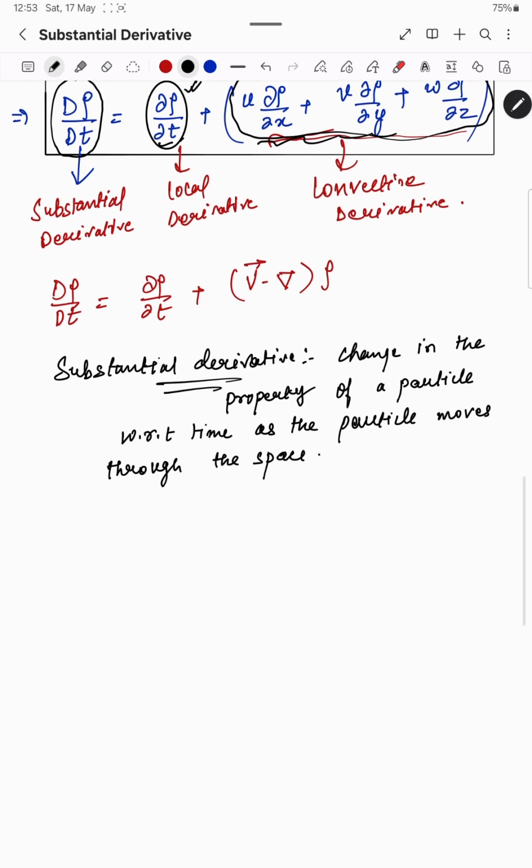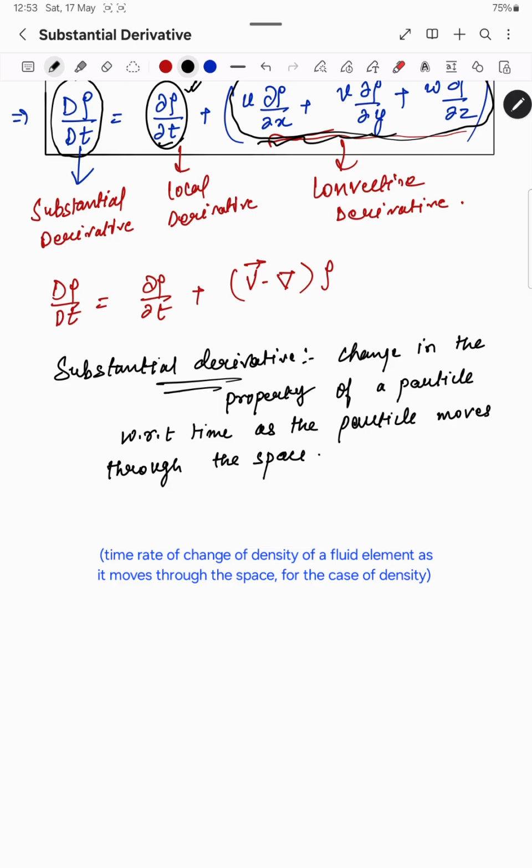Okay, so this is the definition: change in the property of a particle with respect to time as the particle moves through the space.